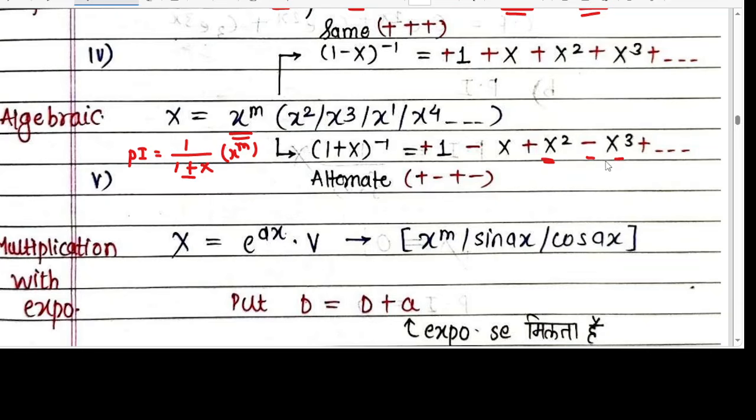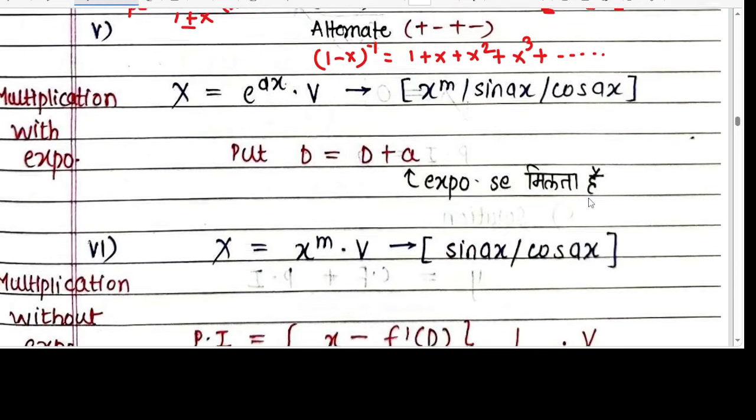Keep alternate signs here, and if 1 minus x raised to minus 1 is there, all are positive signs: 1 plus x plus x square plus x cube and so on, all are positive.